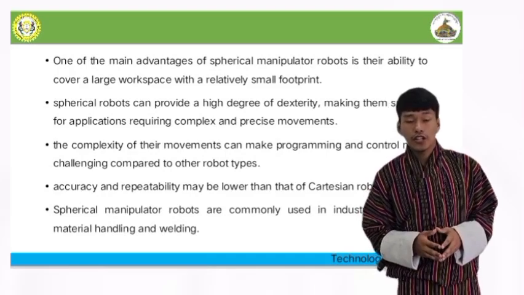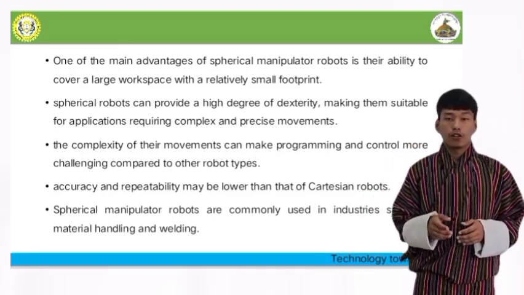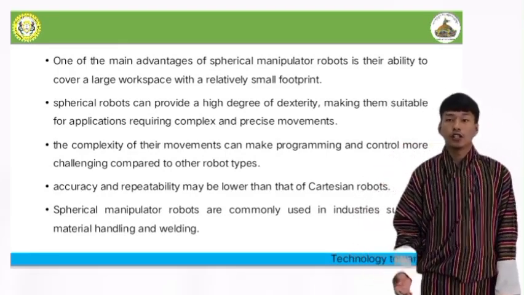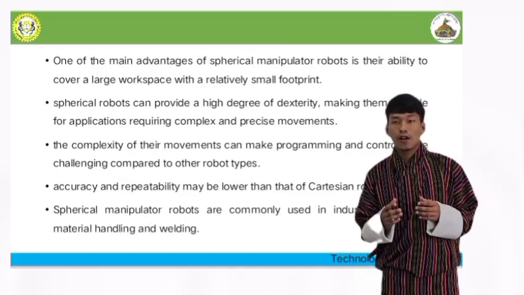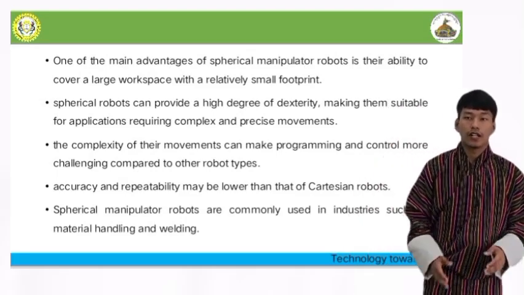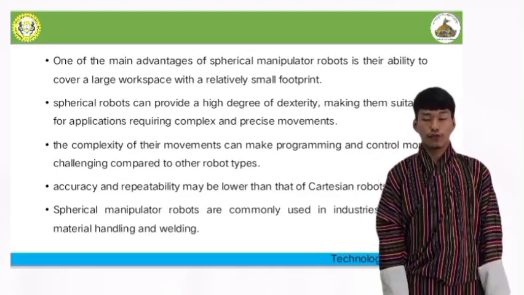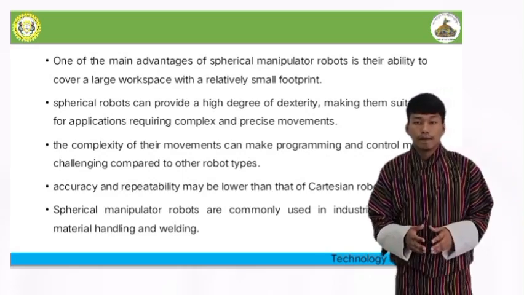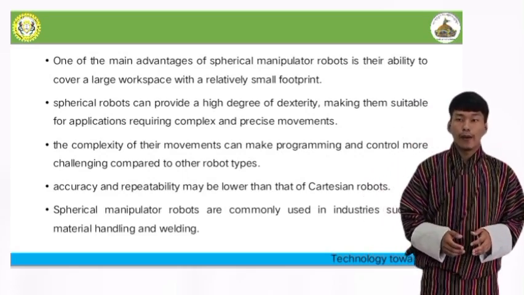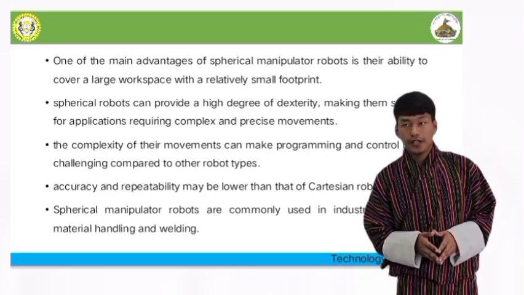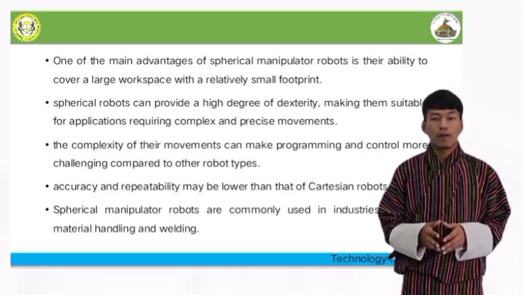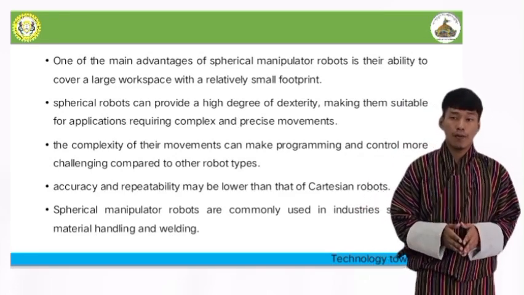One of the main advantages of spherical manipulator robots is their ability to cover a large workspace with a relatively small footprint. Spherical robots can provide a high degree of dexterity, making them suitable for applications requiring complex and precise movements.